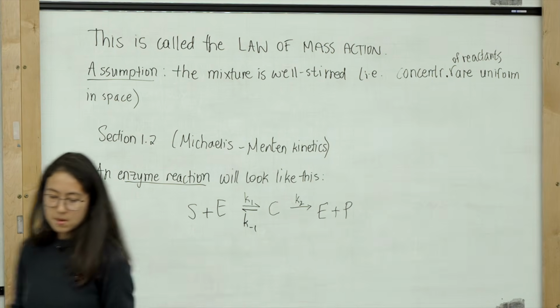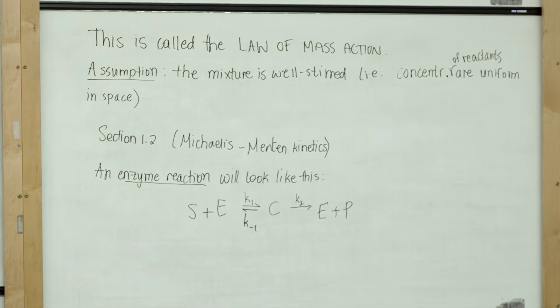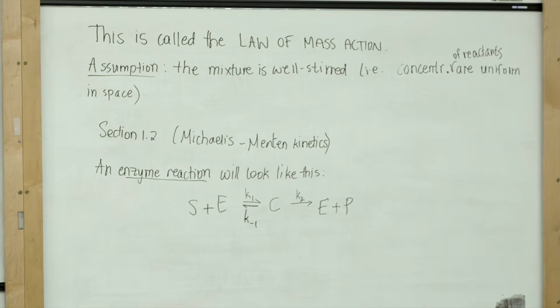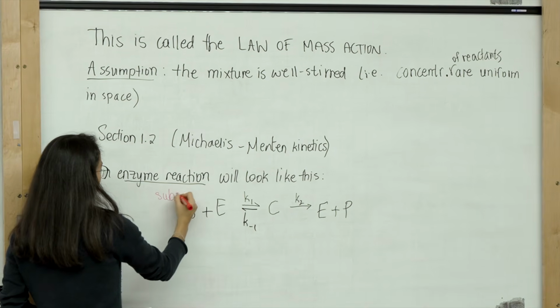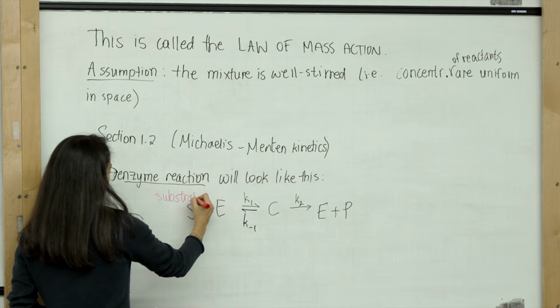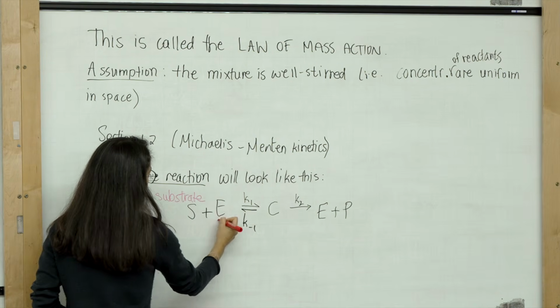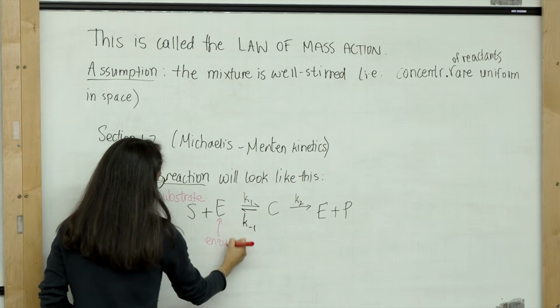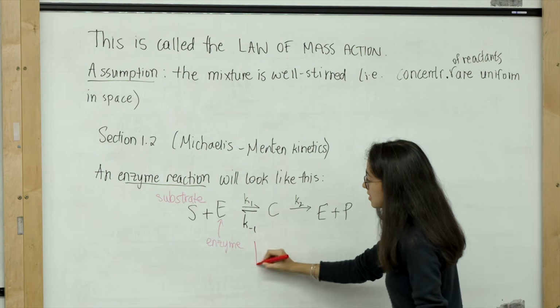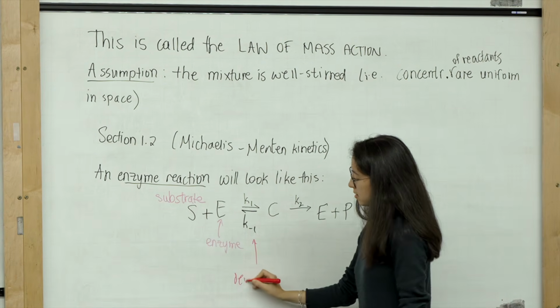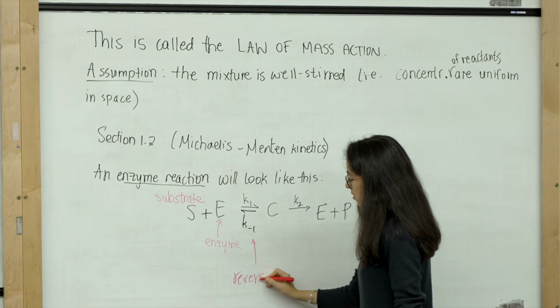So to help you a bit with your notes, let me denote what these different things are. So this is what I call the substrate. This is the enzyme. Then this I will write here is a reversible reaction.